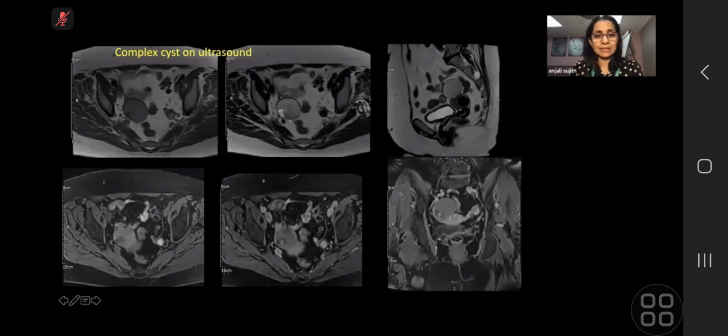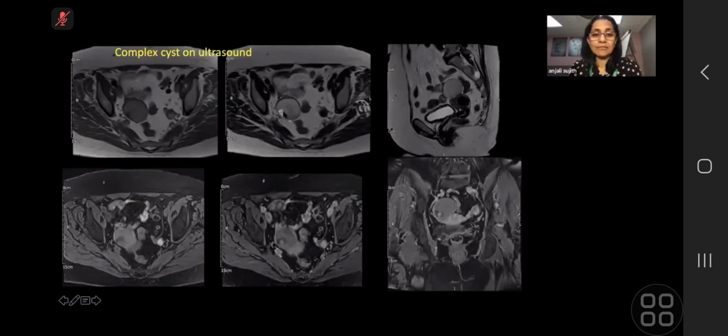So this is an adnexal lesion, which is of low or intermediate signal on T1, intermediate to bright on T2, and it stays bright on the fat saturated image. So this is a cyst with hemorrhage.